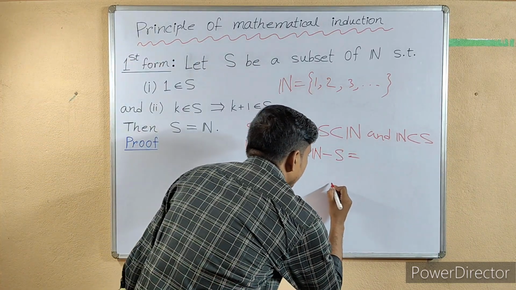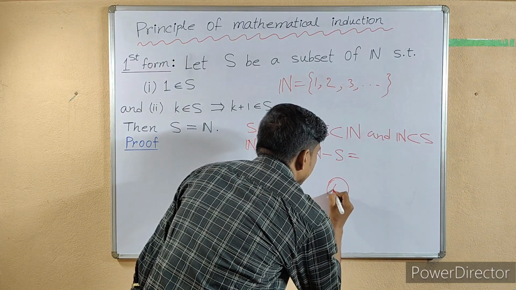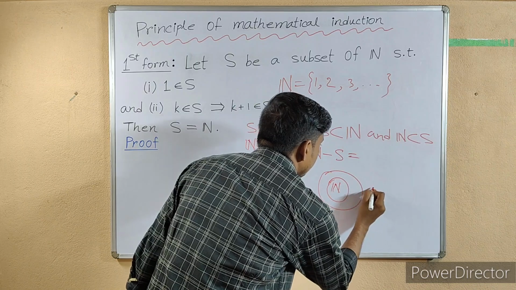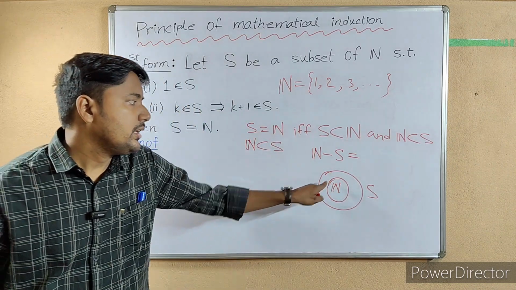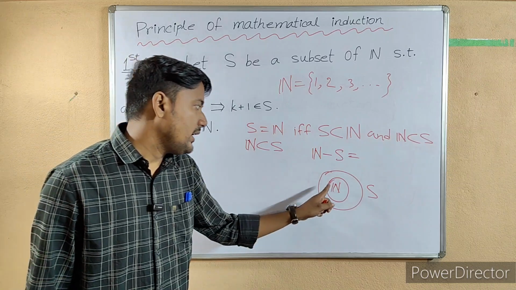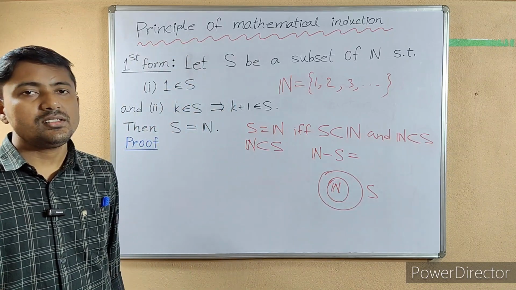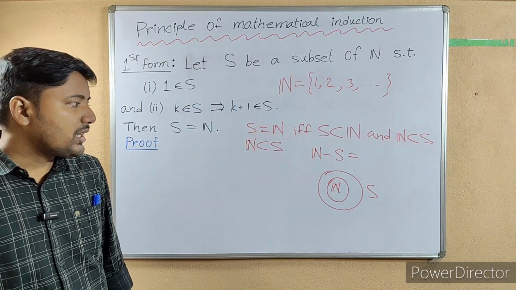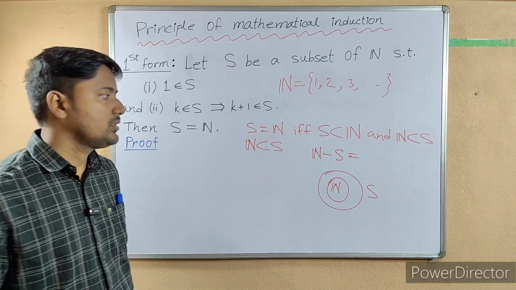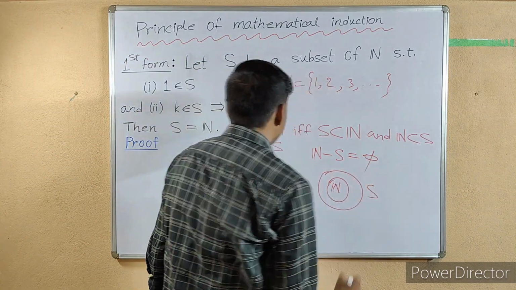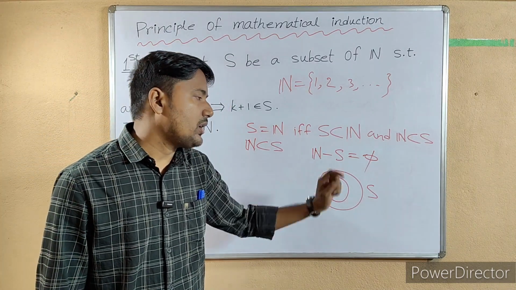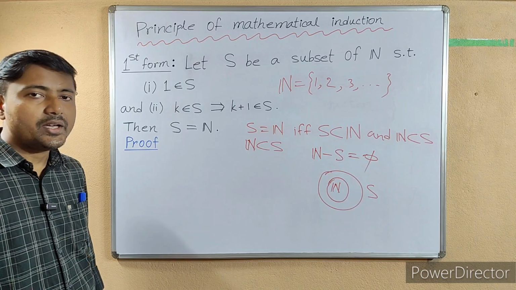Suppose this is N and this is S. N subset of S. Notice that here N minus S contains nothing, that is N minus S equal to phi, the empty set or null set. So to prove N subset of S, we have to prove N minus S equal to phi.